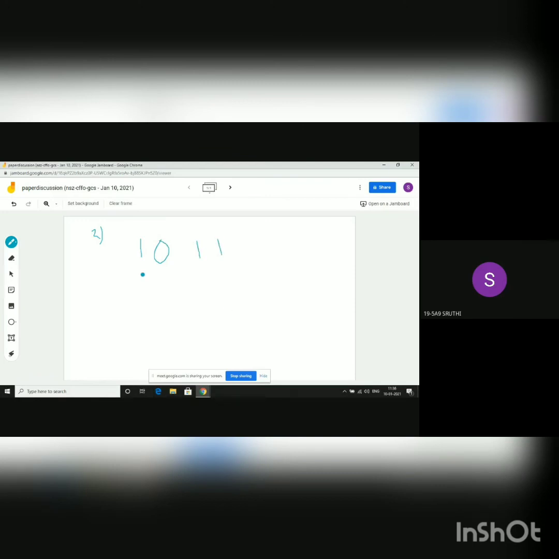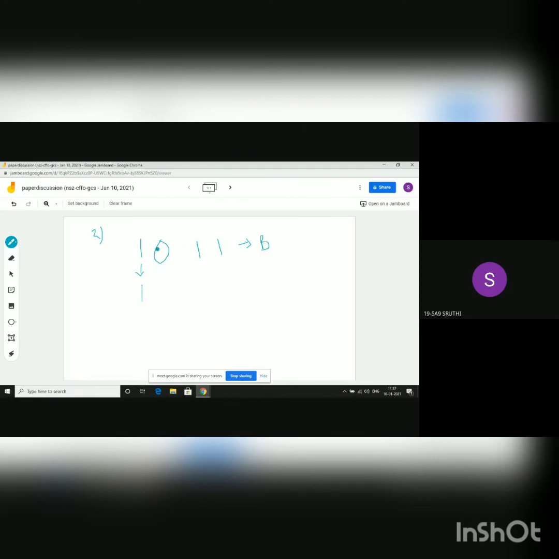We need to convert this into gray code. The first step is to keep the most significant bit as it is. Let me represent this binary number as B.